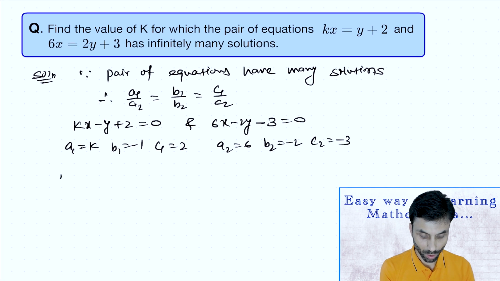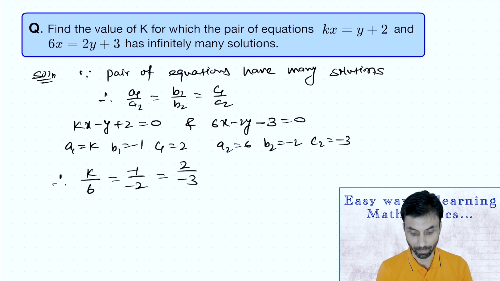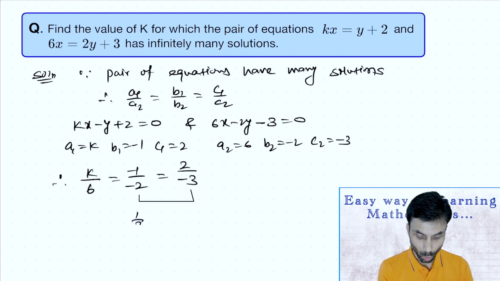So we can write, therefore A1 upon A2 equals B1, which is minus 1, upon B2, that is minus 2, equals C1, which is 2, upon C2, which is minus 3. Now here if you observe these two, what we find is 1 by 2 is not equal to minus 2 by 3.